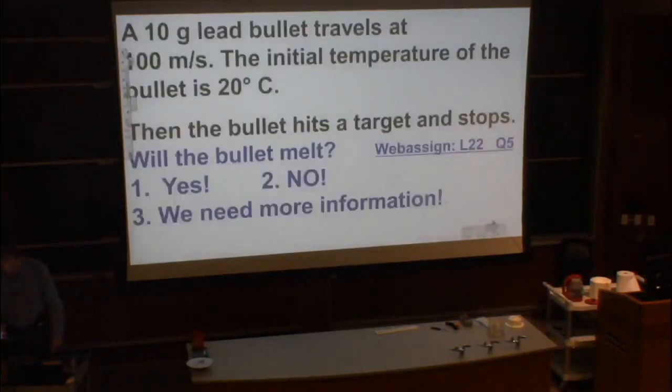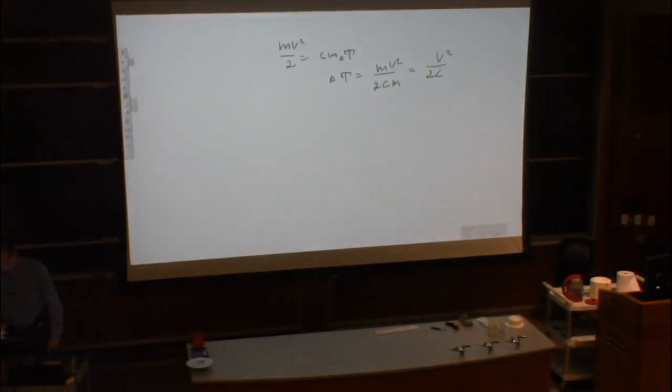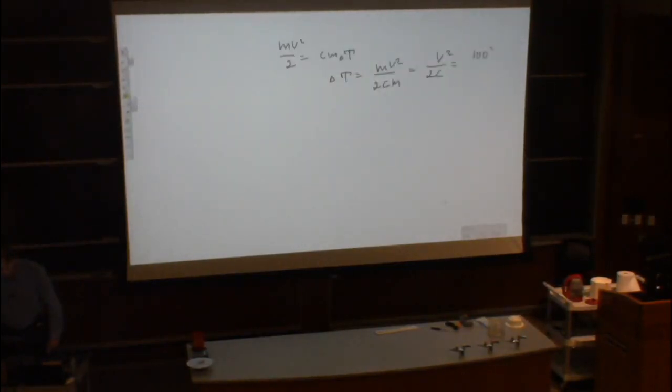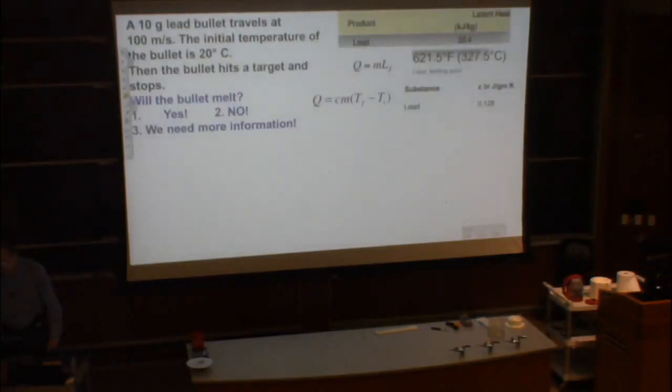The question was about melting. And we know melting starts at a certain temperature, and we don't know if we have enough energy to reach that temperature. First, we have to solve this. There's a piece of information which is not given. The speed is given, right? The speed is 100. But we don't know specific heat of lead. So technically, we cannot answer this question unless we Google specific heat of lead.